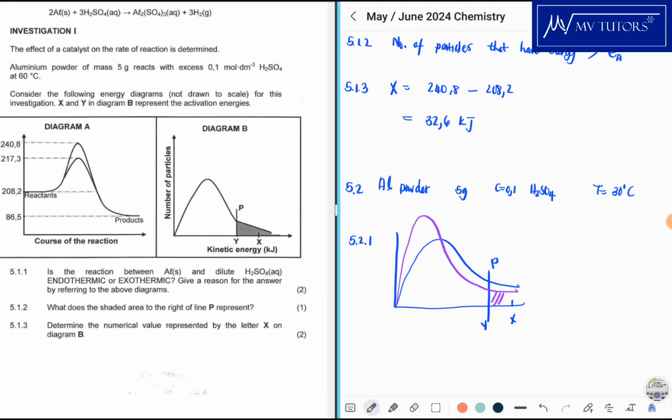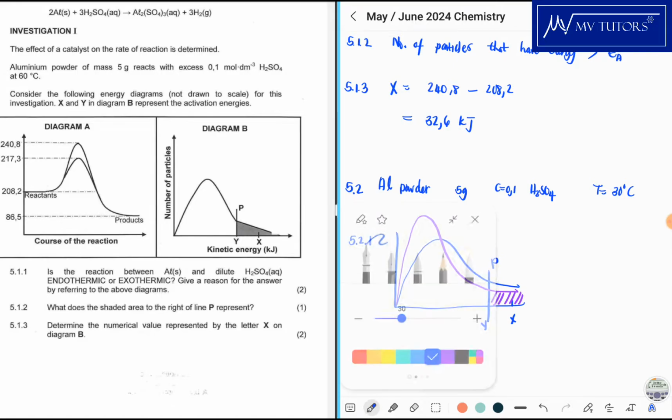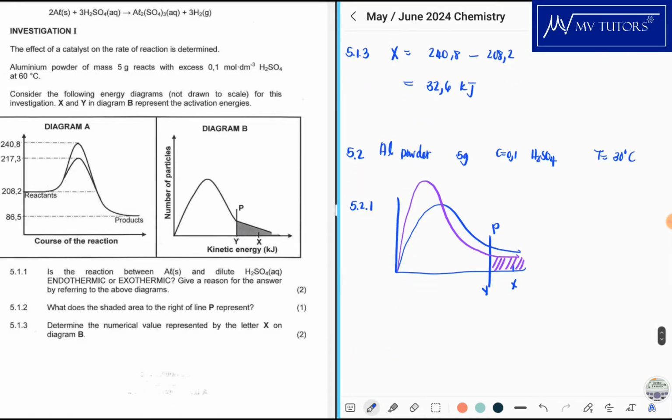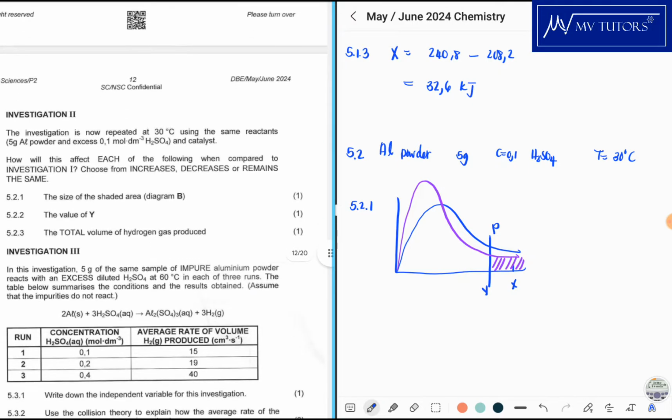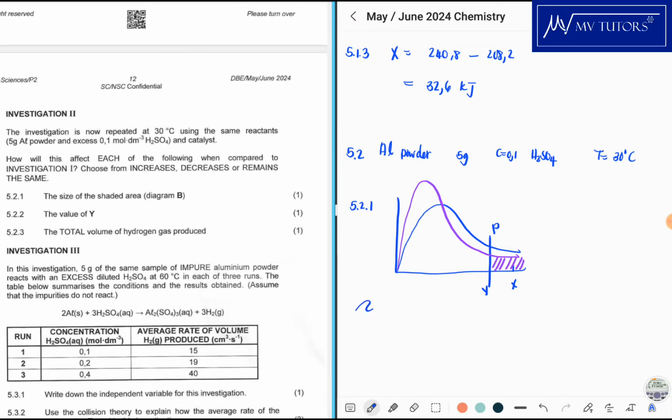And this now will be your shaded area, which definitely decreases. Now, getting back to the question, 5.2.1, the size of the shaded area, well, it decreases. So now you have fewer particles that have an energy that is higher than the activation energy.